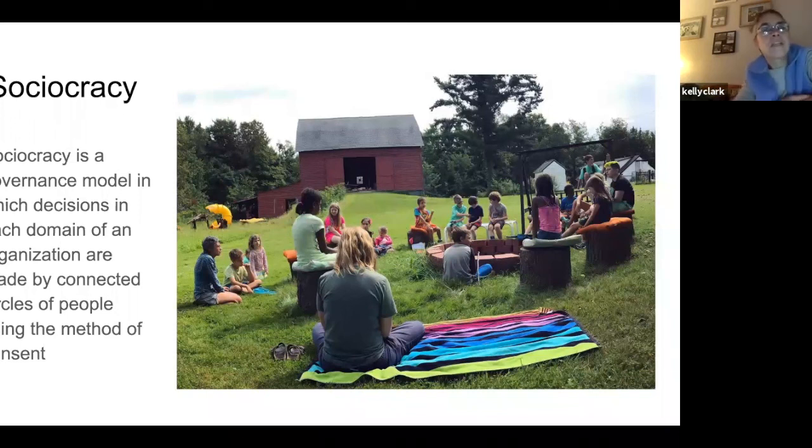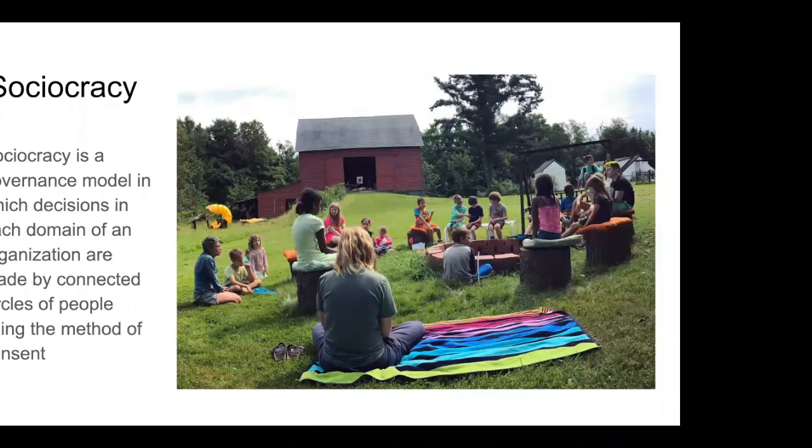In sociocracy, decisions are made by circles or domains of groups of people that have interest in a particular issue. And the method that they use is not majority rule, but consent.